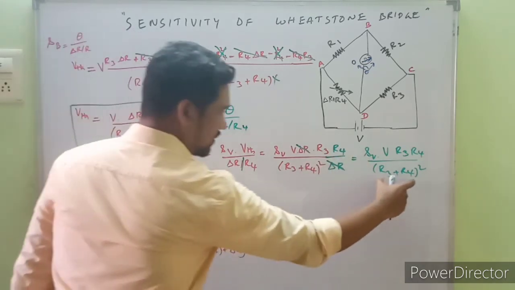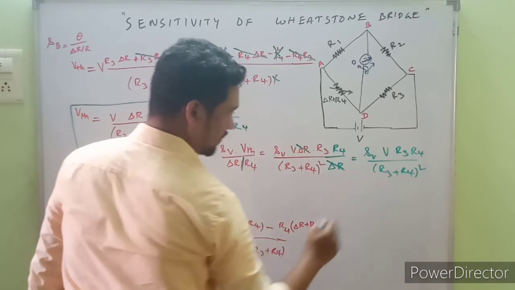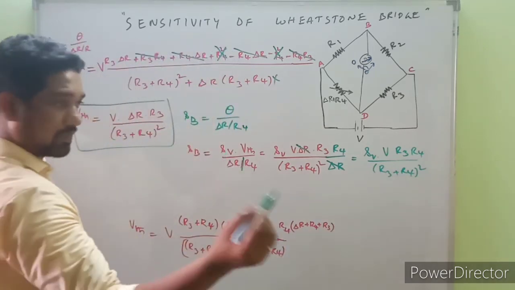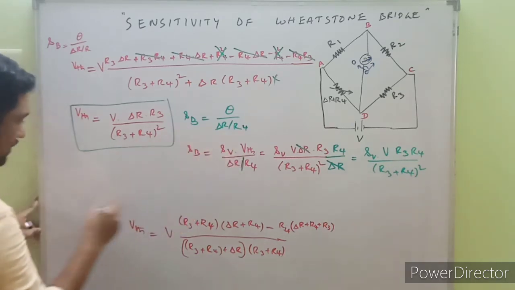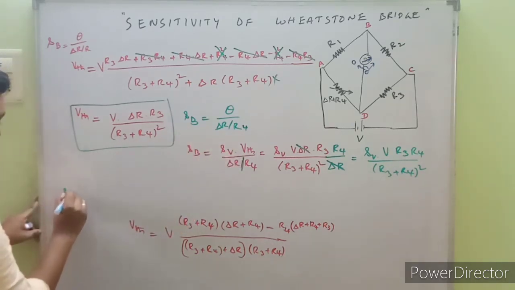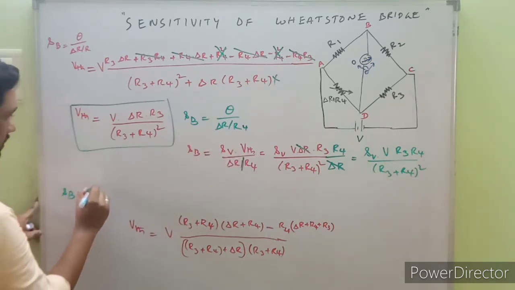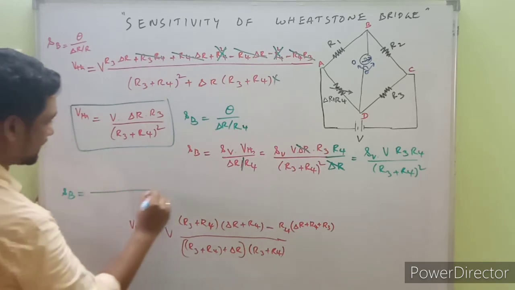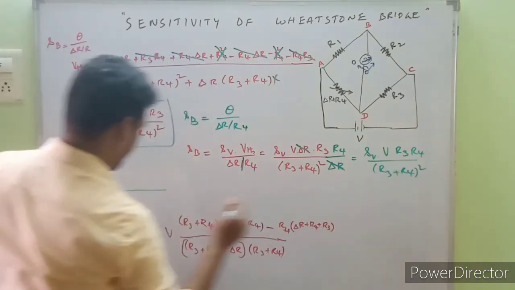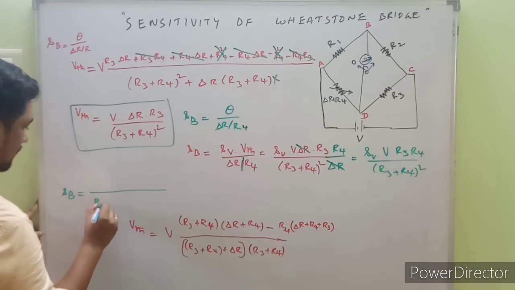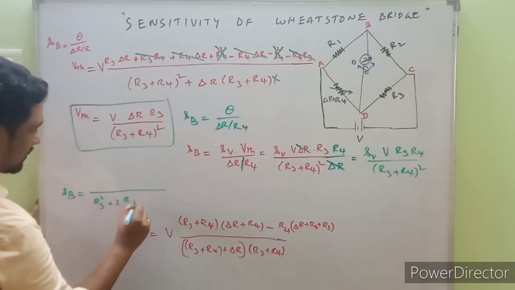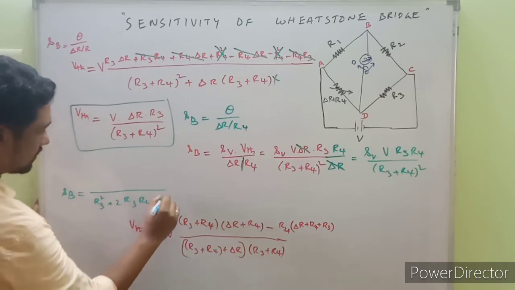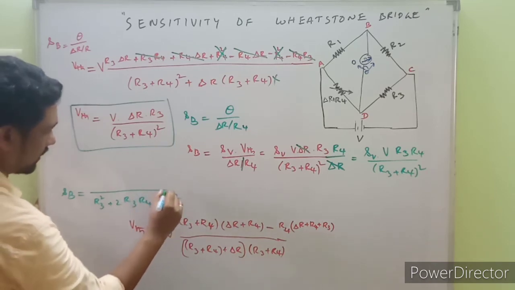And here in the denominator we can see A plus B whole square. So going ahead, another color for clarity, SB will be equal to, A plus B whole square, that will be R3 square plus 2 R3 R4 plus R4 square in the denominator.